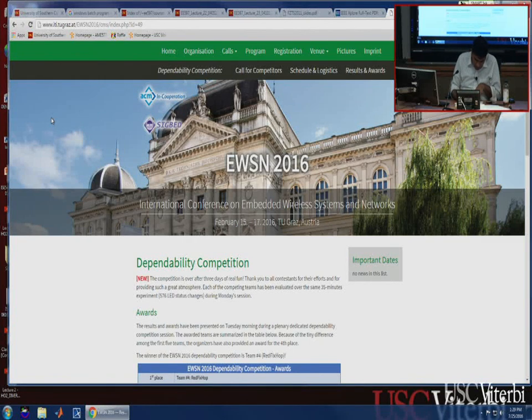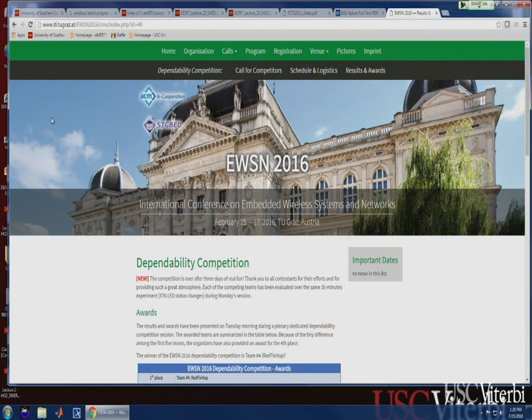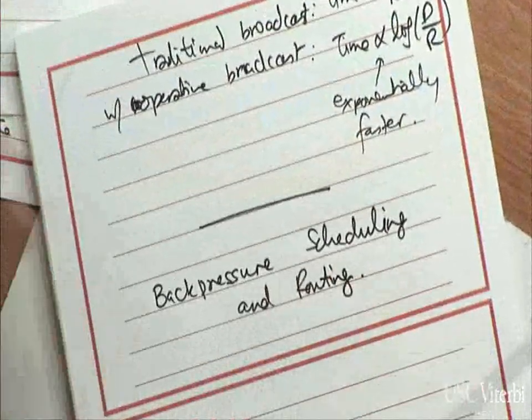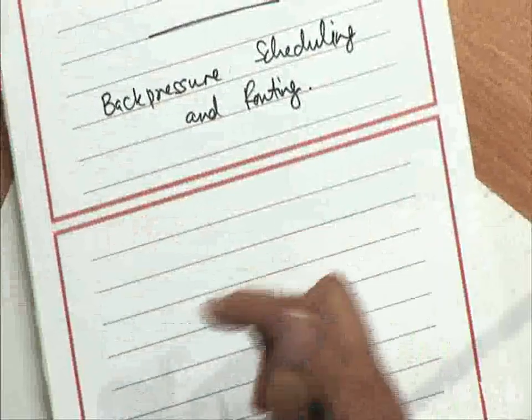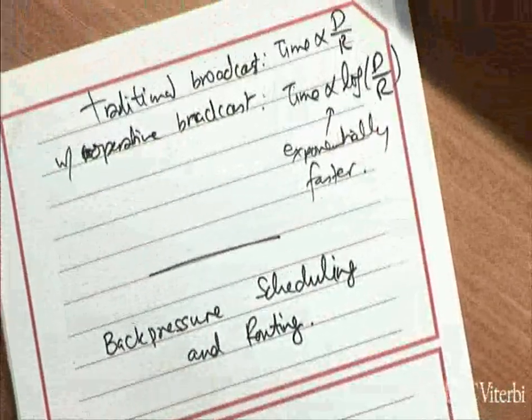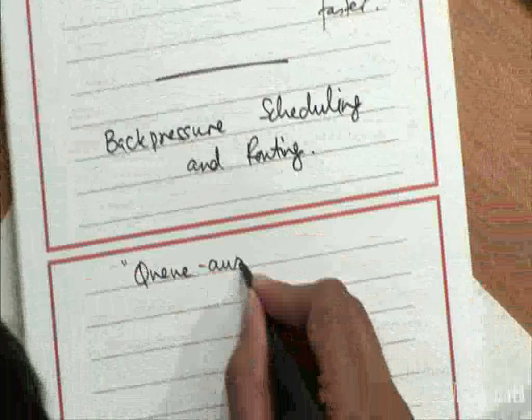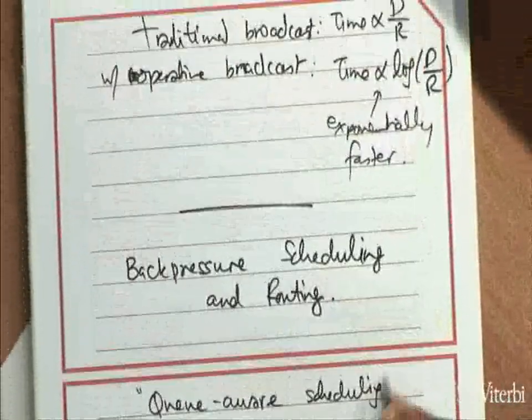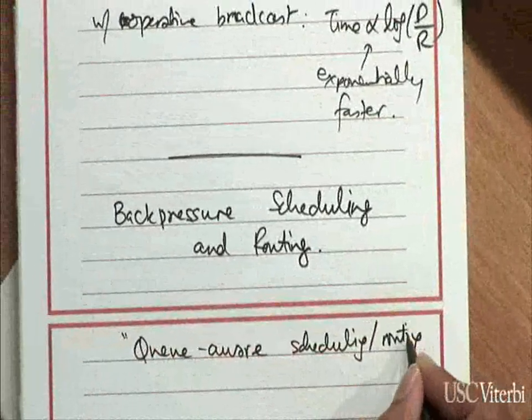I want to talk now about another class of routing protocols that go by the name of back pressure scheduling and routing. And this is a class of routing mechanisms that are sort of queue aware scheduling or routing. And I'll try to clarify the difference between scheduling and routing a little bit.